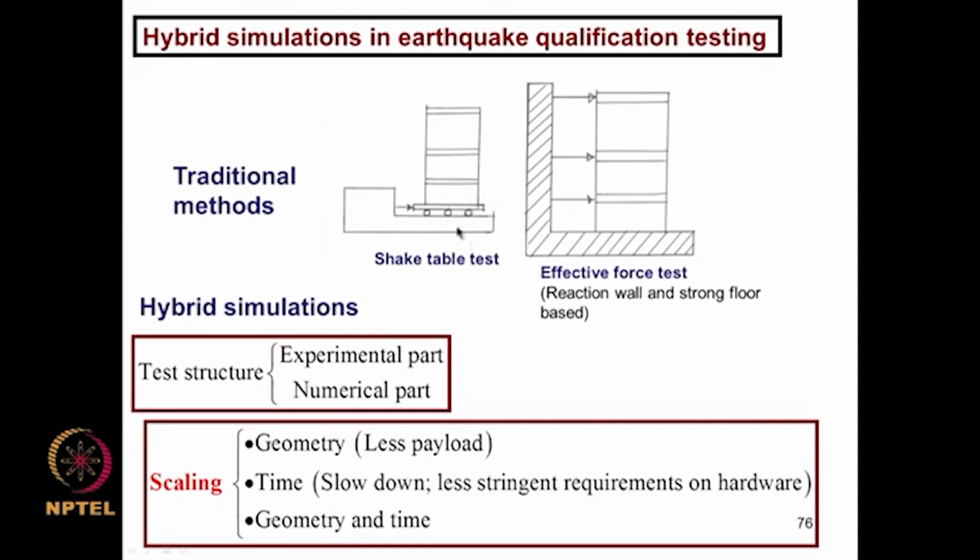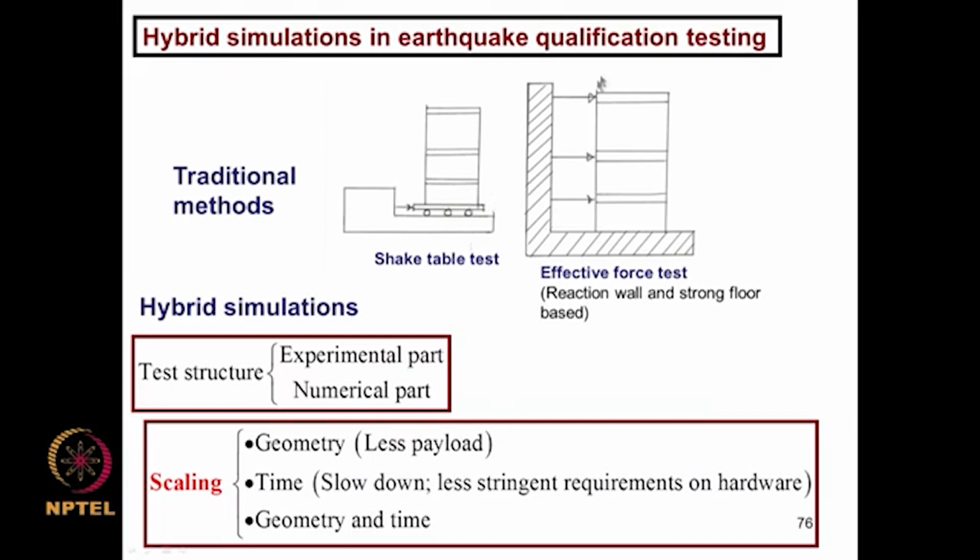The problem with this approach is limitations on payload capacity of shake tables. With the best shake table currently available you may not be able to test, say, a building taller than a 5-story building, or study interaction between soil and structure or fluid and structure and issues like that. So, there is a need to geometrically scale the test structures to be able to use shake tables.